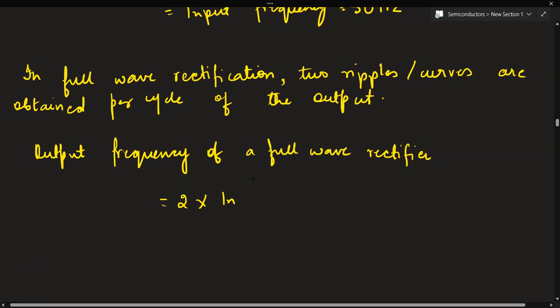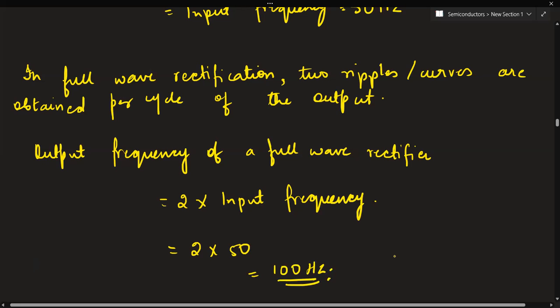That's why we are getting two curves. So this is twice the input frequency, which is 2 multiplied by 50, giving us 100 hertz. Clear? Just note down this question as well.